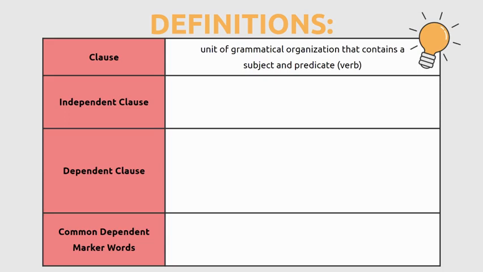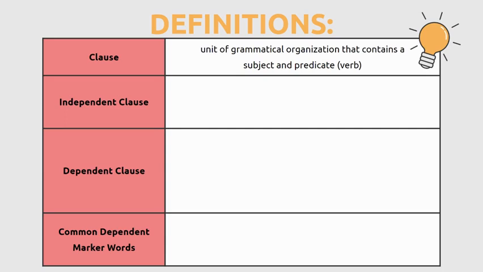So, remember, I was hungry. Was is our verb there. Then we have our clause. So a clause is basically right under what a sentence would be. A sentence is our first unit of grammatical organization. Then a clause is where we're breaking down that sentence into clauses.